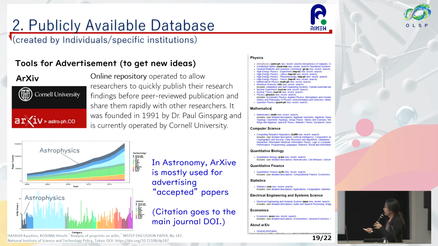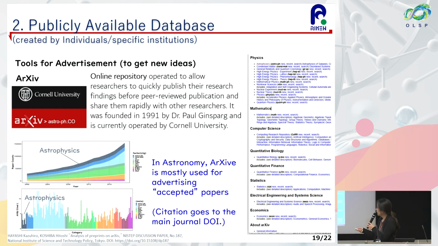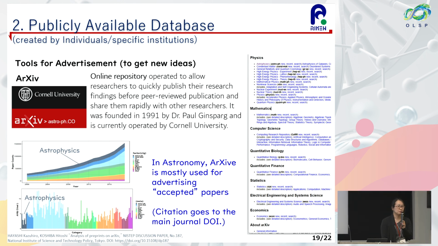In this system, at least in astronomy, you see the black part here: a certain amount of papers continuously published in the archival system. However, we are using this as an advertisement of accepted papers rather than papers which are not yet accepted.